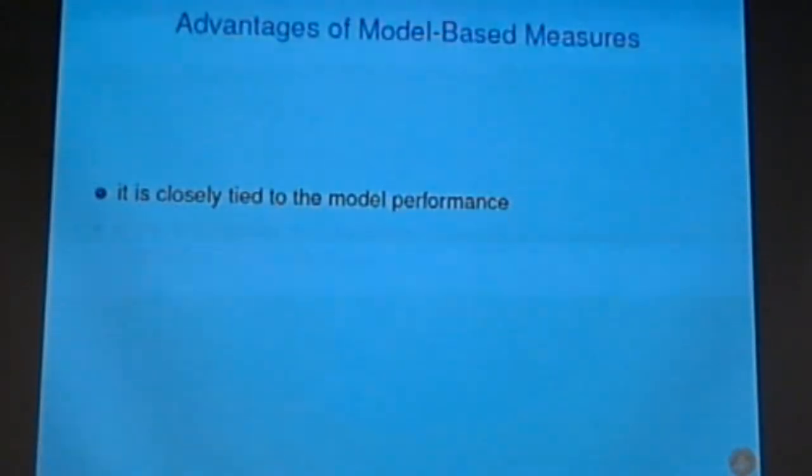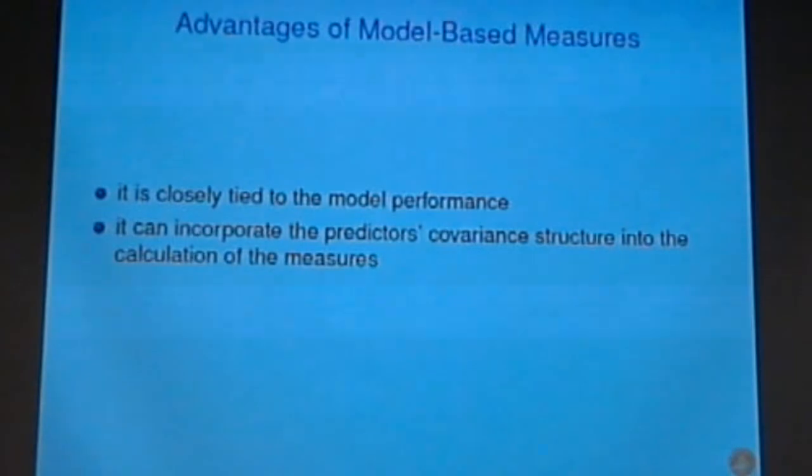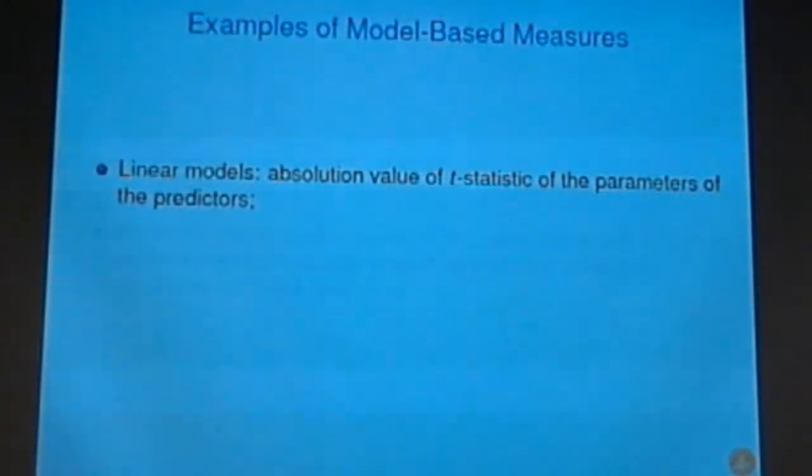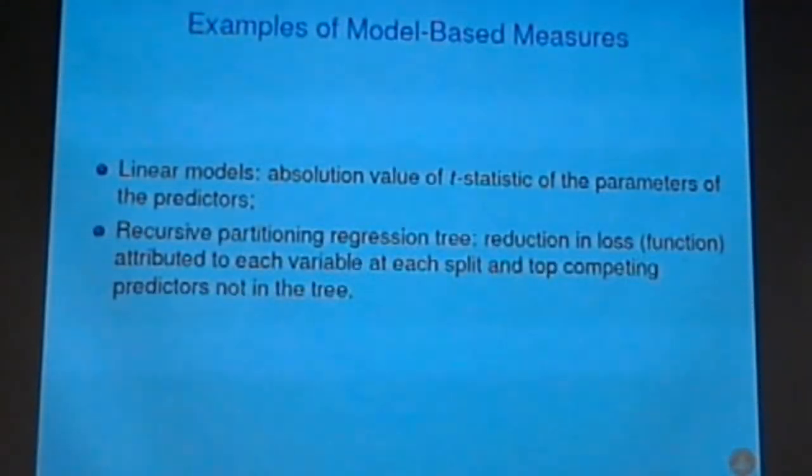The advantage of model-based measures, of course, is that they are closely tied to the model performance. This is model-specific variable importance, and it can incorporate the predictor's covariance structure into the calculation of measures. Let me just go through this.